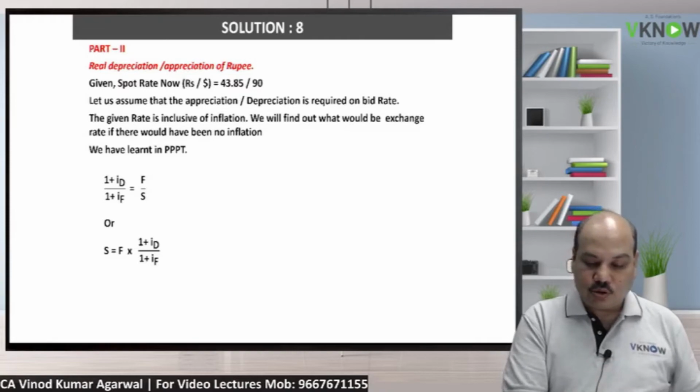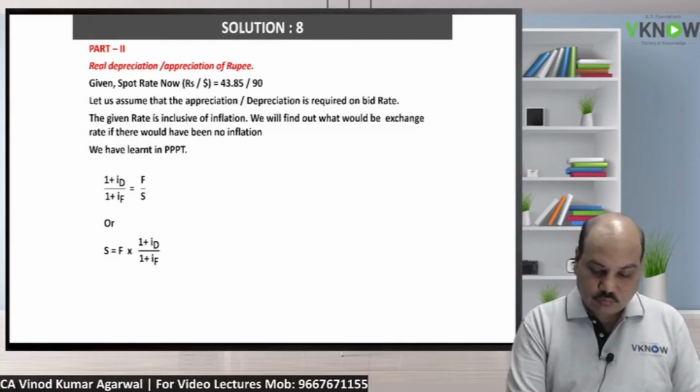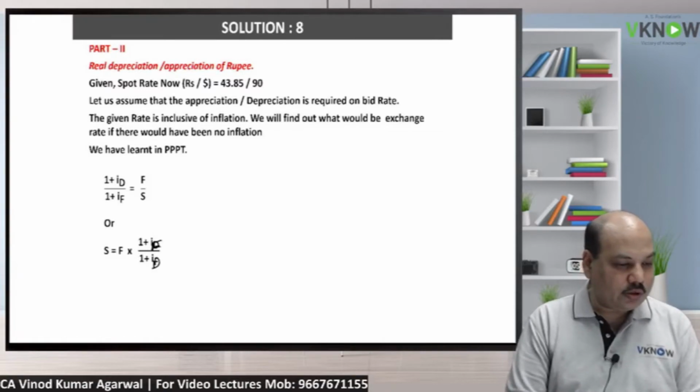S equal to, cross multiply, f into 1 plus id. It should be if divided by id, it will reverse.